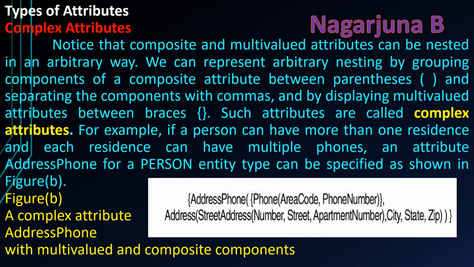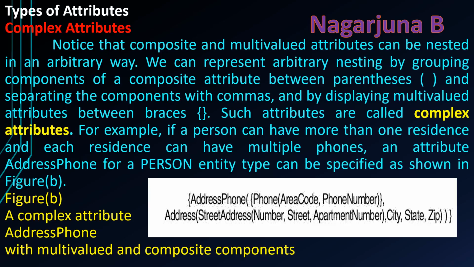How is this arbitrary nesting done? It is done by grouping the components of a composite attribute between parentheses, that is by using small brackets, and separating the components with commas, and by displaying multivalued attributes between braces, that is by using curly brackets.